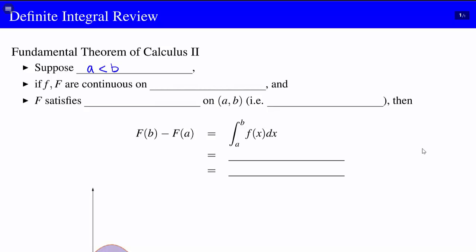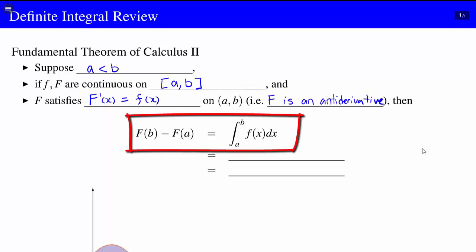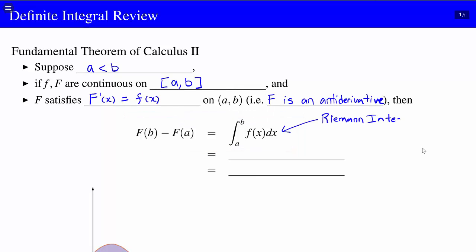And it says that if little f and capital F are continuous functions on the closed interval [a, b], and f satisfies that the derivative of capital F is equal to little f on the open interval (a, b), i.e. capital F is an antiderivative, then we have the following net change formula, that capital F of b minus capital F of a is equal to the integral from a to b of little f, the Riemann integral, the definite integral.